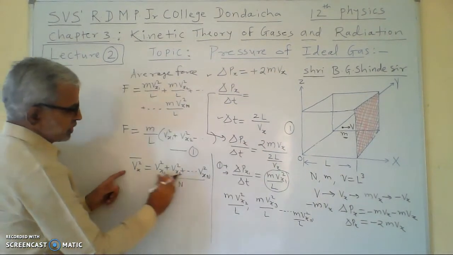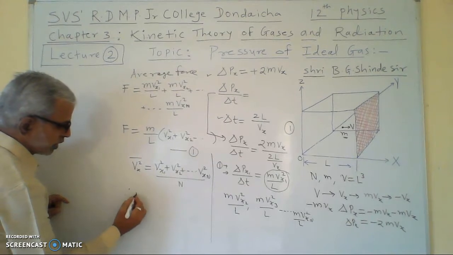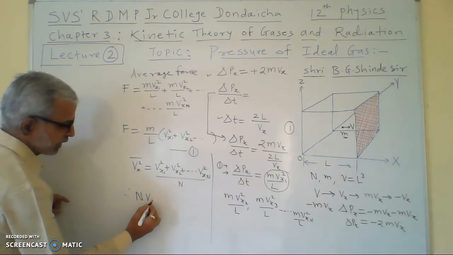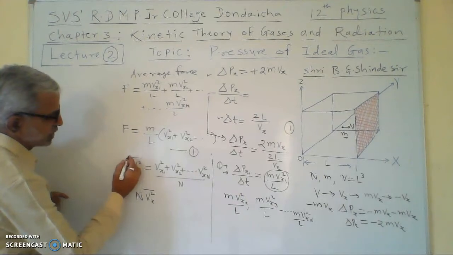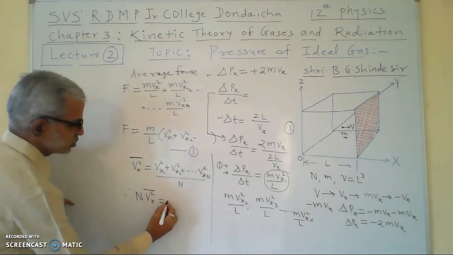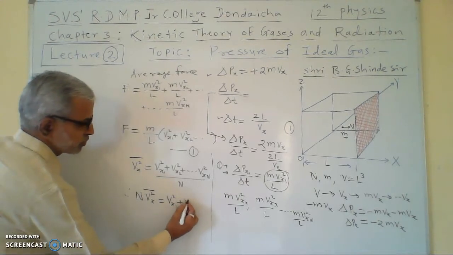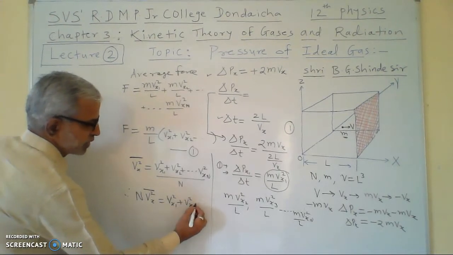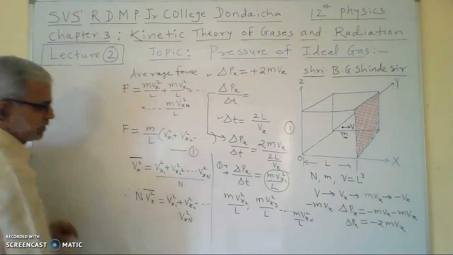So n Vx square average is equal to Vx1 square plus Vx2 square plus up to Vxn square.